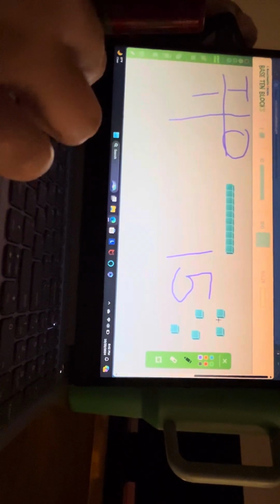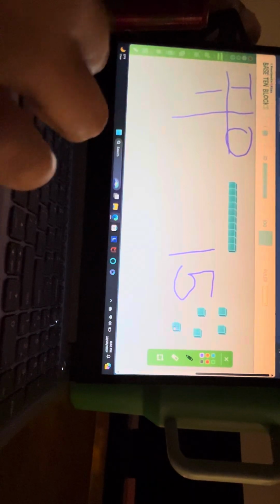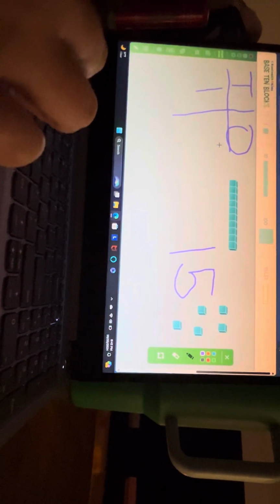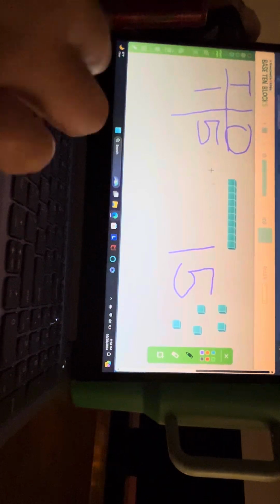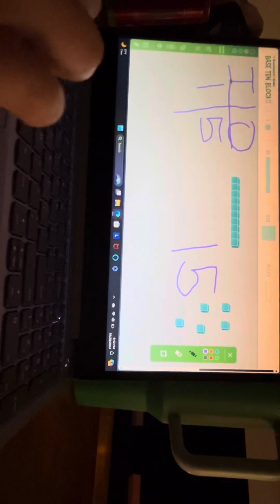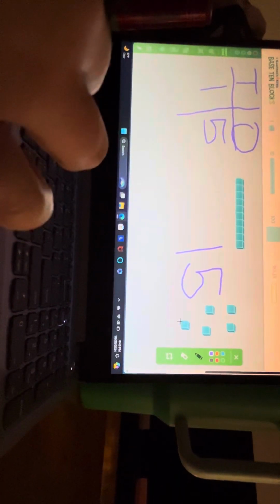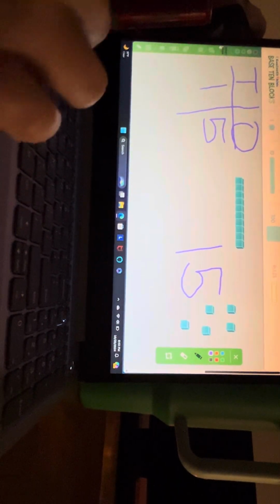And we have 5 individual blocks, which are the 1s. So then we have 5. So that is 15 blocks total. We have 1 block of 10 and 5 1s. So now we're going to do a little bit more of a trickier one.